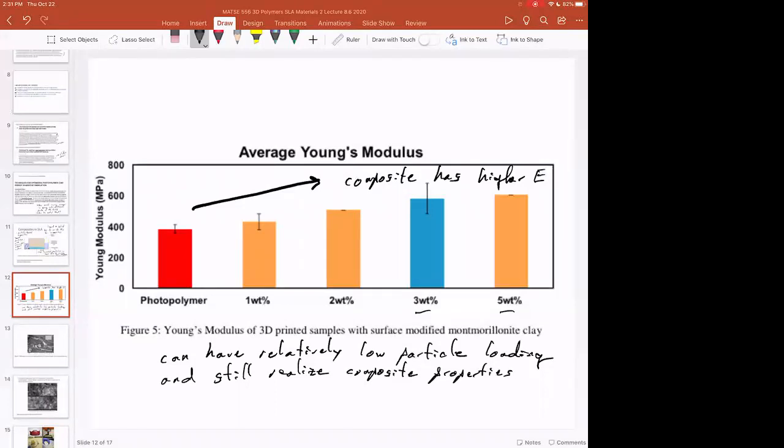So sometimes you'll see composite papers where the loading is 0.1% or 0.5%. That's getting pretty low, but there's a lot of papers out there, especially papers where the polymer has to be processed, that have relatively low loading because you can still get composite benefits if you use the right particles. And so you need to have good dispersion.